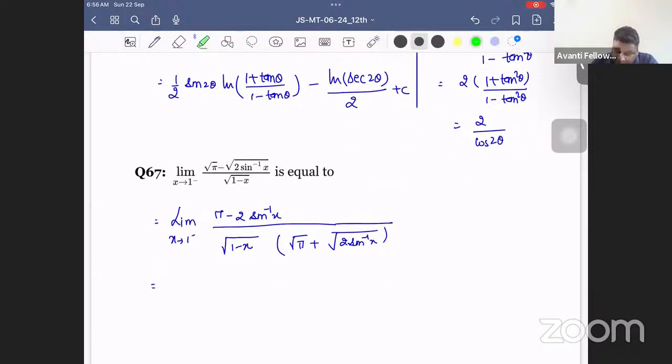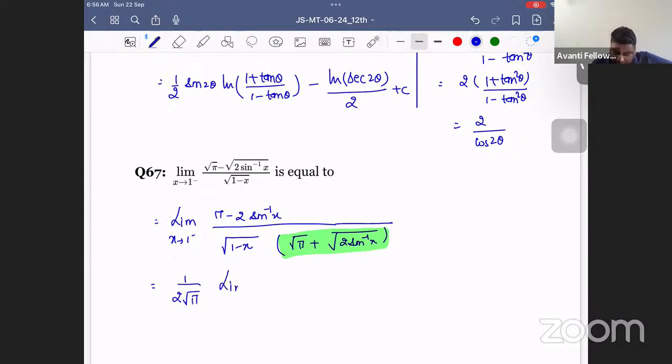Now see, its role is over. You just place x equals 1 here and simply solve it, because there's no point dragging it, because ultimately this is going to give you a value that is 1 upon 2 root pi. So I'm writing it here.